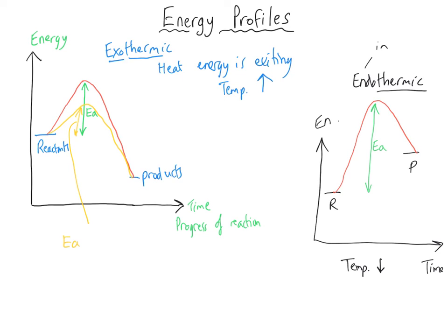The activation energy is smaller with a catalyst. But the hill still looks the same sort of shape, it's just not got such a tall top. And we have the same situation in the endothermic reaction as well. The activation energy isn't so high, so we can see that the hill is smaller, but it starts and finishes at the same place in both of these cases.